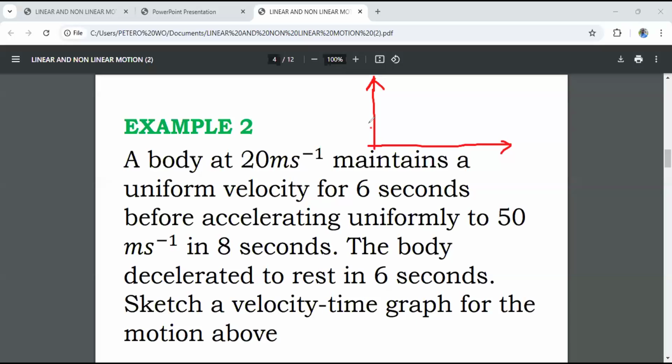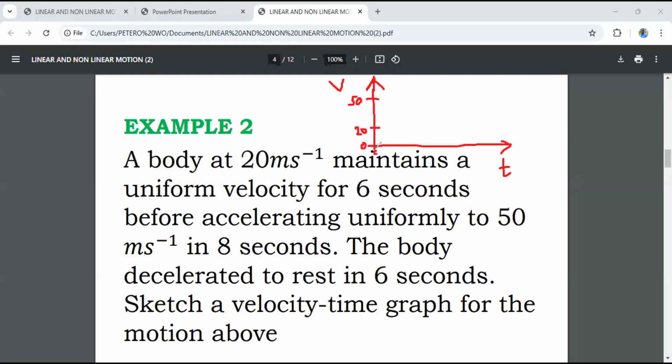We are having 20. We are having 50. And we are having our rest as 0. This is velocity, and this is time in seconds.